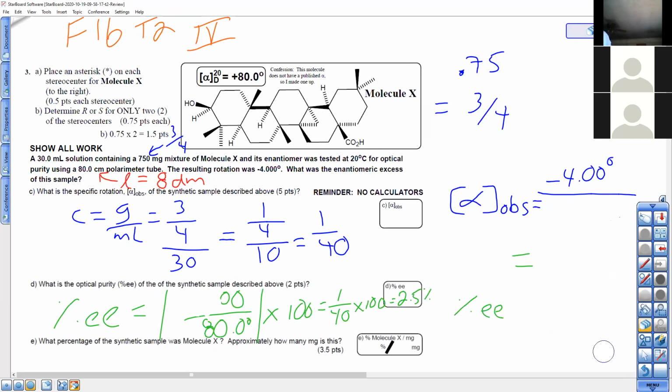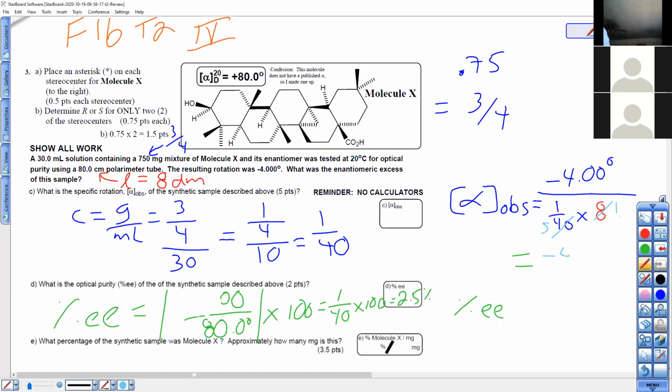Okay, in review, 1 over 40 was the C, and the L was 8. Divide both those numbers by 8 and you get 1 over 5.